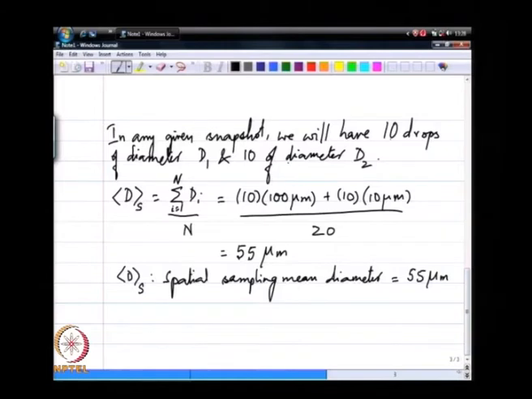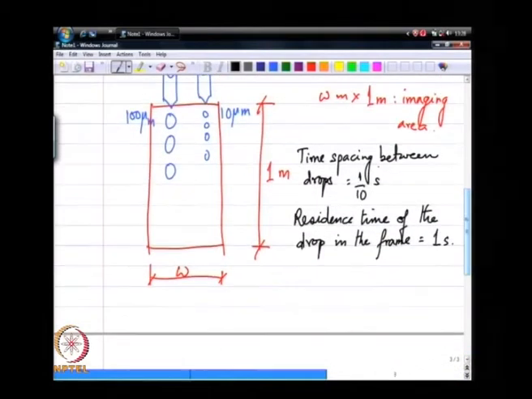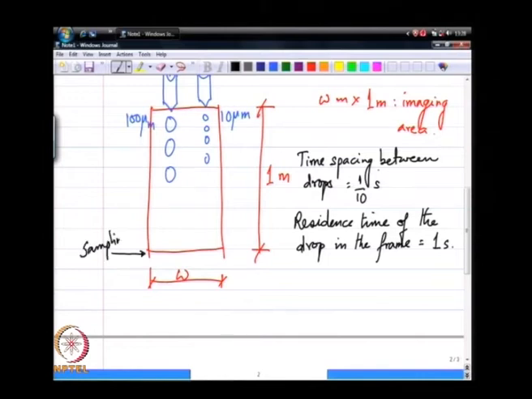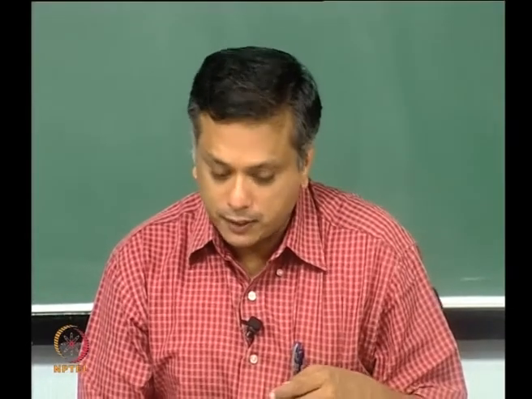So, the whole idea of temporal sampling is that I am going to remain at some cross section here, let us say, okay. This is my sampling position, and I am going to accrue statistics of drops passing through this point.